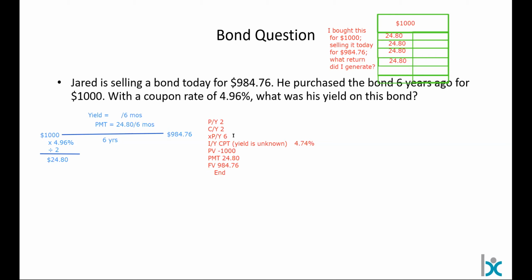If you have not ever used times PY, then use N. If you're not used to using N, don't switch to using times PY. Don't switch now. Okay. So I don't know what everybody learned in their calculator. I know the easy way to do it, but this is no time to change how you use your calculator. Okay. Yeah, that's it. So if you're either times PY is 6 or N is 12, whichever.